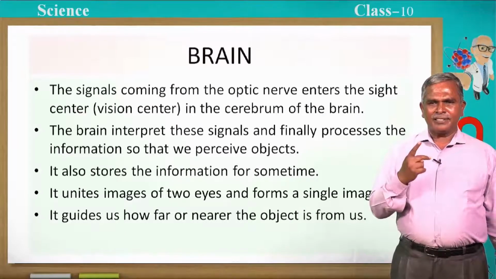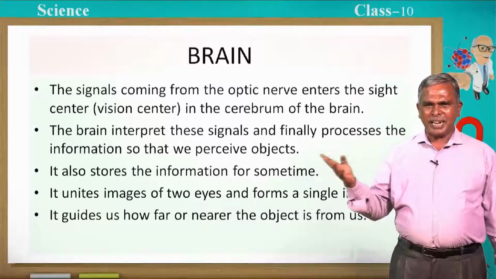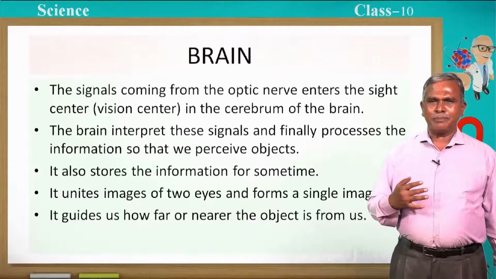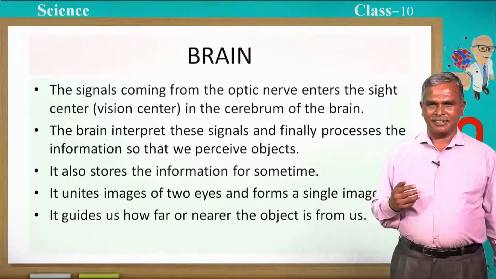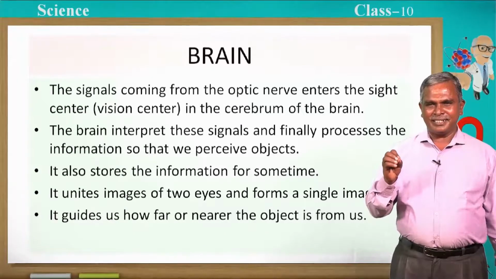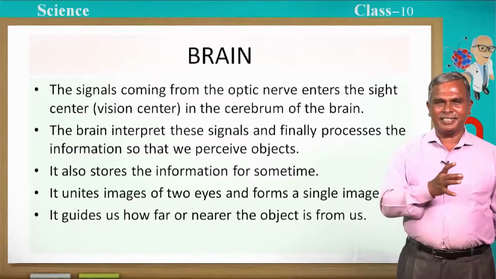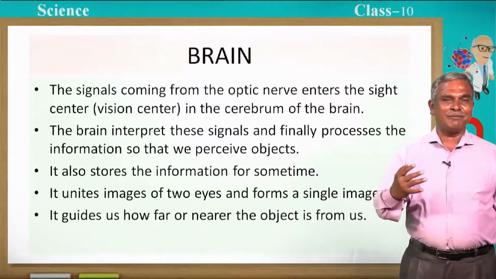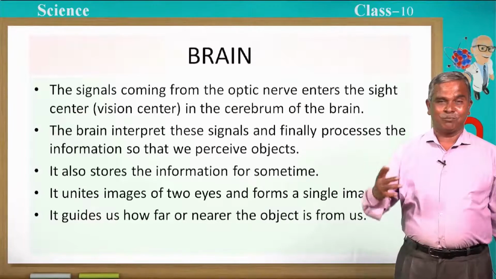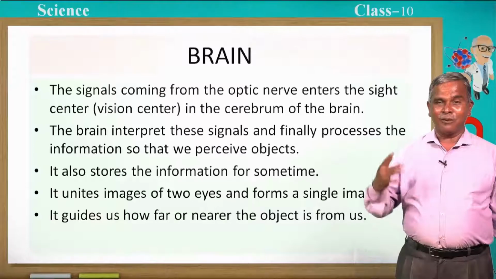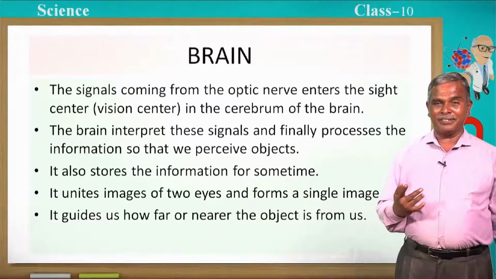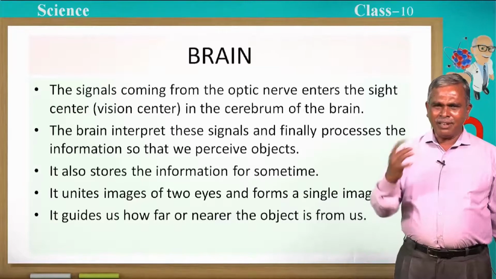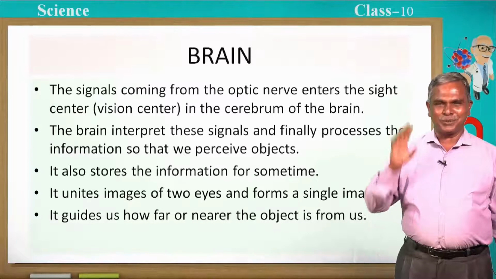These electric signals pass through the optic nerve to the brain. The brain will first interpret these signals and finally give a decision and process the decision. This information will reach us and ultimately we perceive the object, its nature, its color, how far the object is in front of us or far away from us, and what kind of object it is. Everything is given by the brain to us.